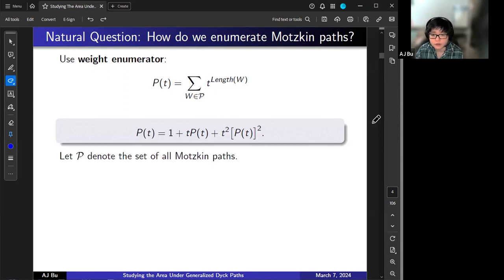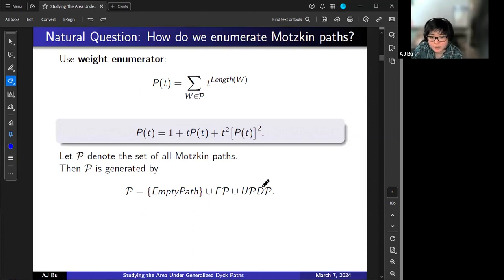To prove this, we let P denote the set of all of the Motzkin paths. Then P is generated by P = empty path ∪ FP ∪ UPDP. That's because for the Motzkin paths we can have an empty path.